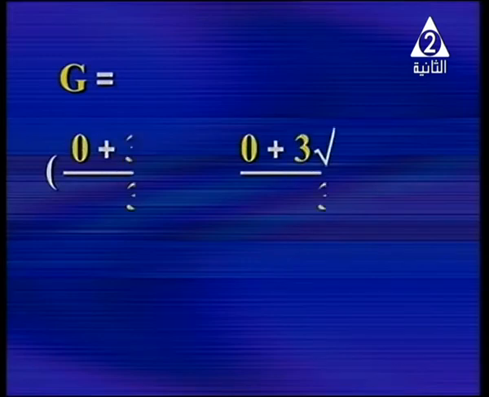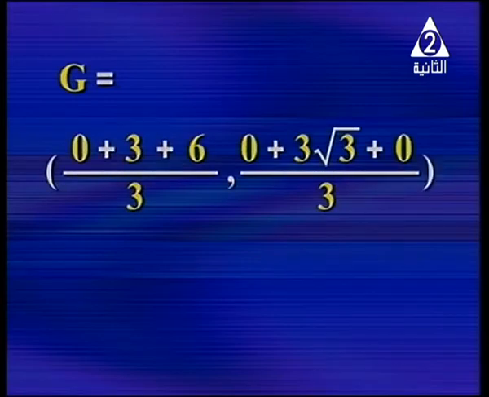Then by using this, we find the sum of all x over 3 and the sum of the y coordinates over 3. 0 plus 3 plus 6 over 3.